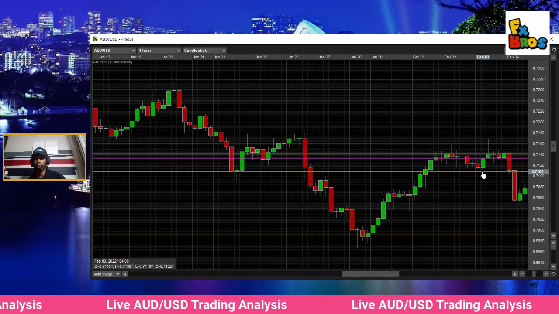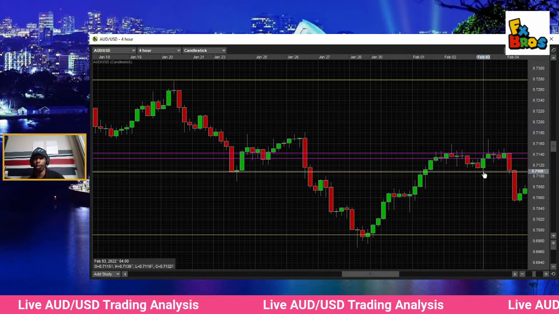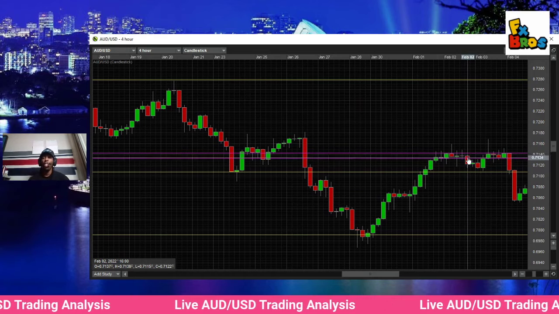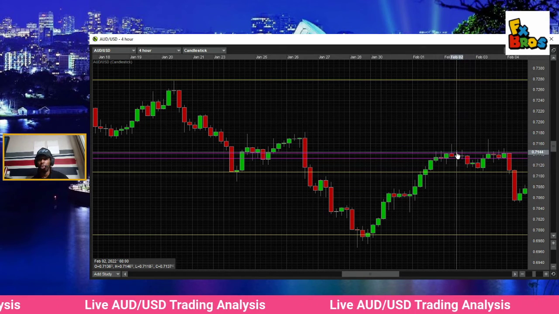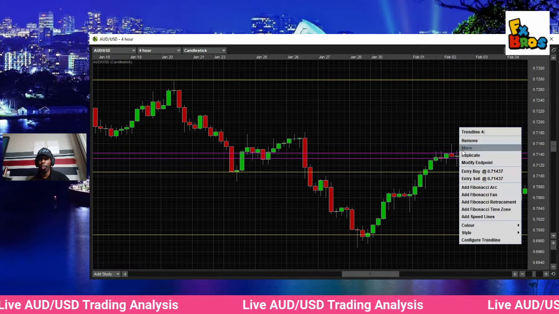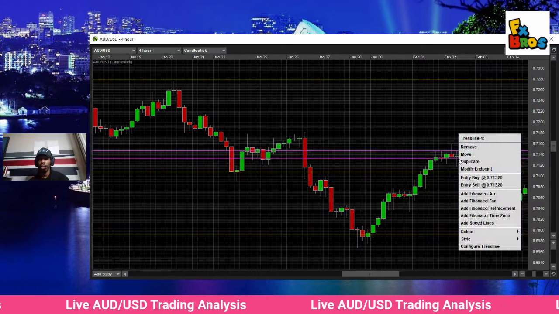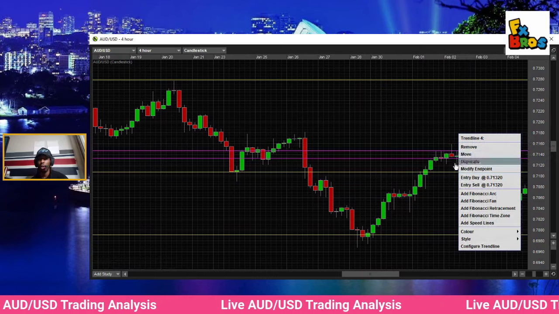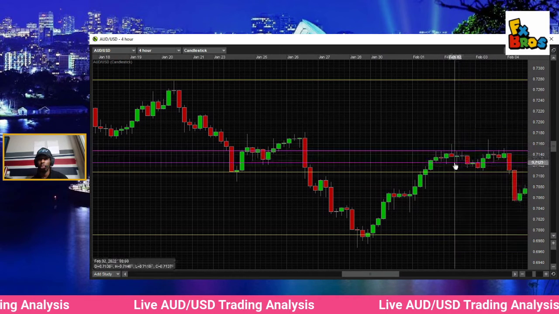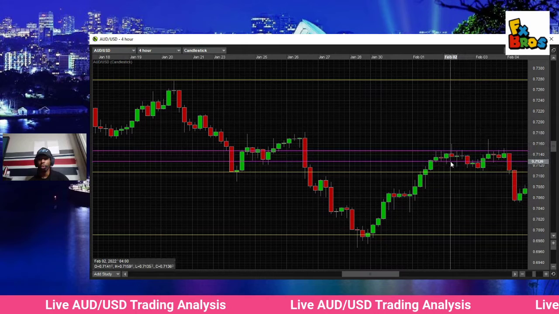Probably would have taken profit once price sits down below, but you would have put it at the wicks, basically right here and right here. You want to get around a lot of multiple touches.